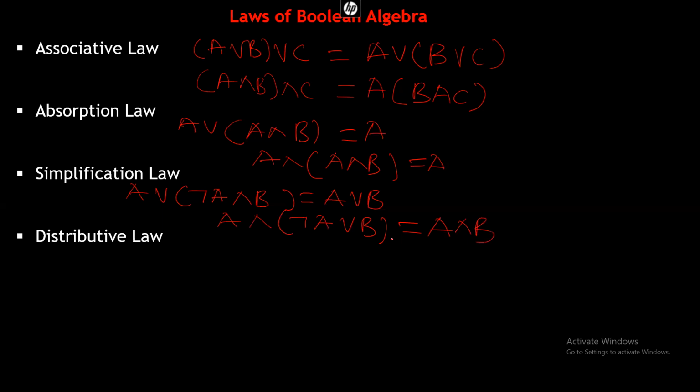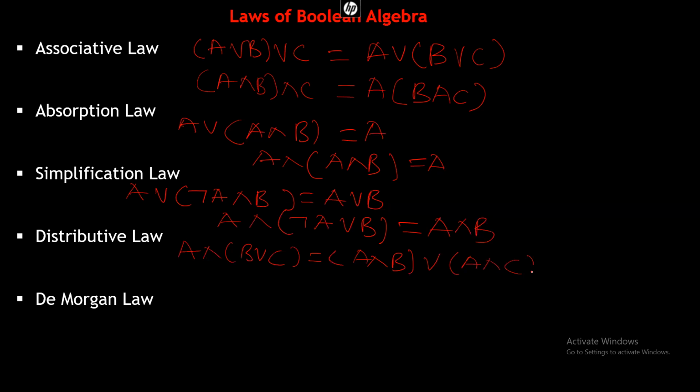Now, this is also very key, the distribution law. So we have our A to give us A and B and B. Now let's look at the distribution law for OR over AND.